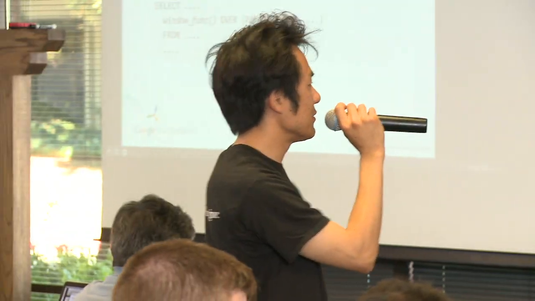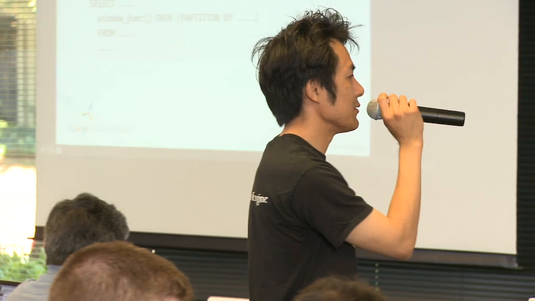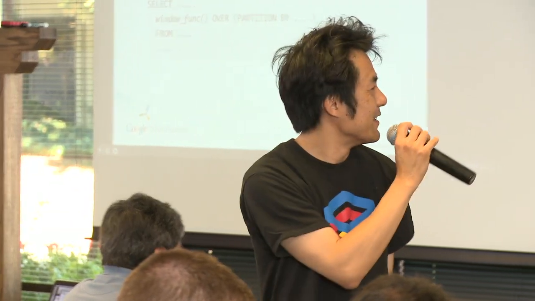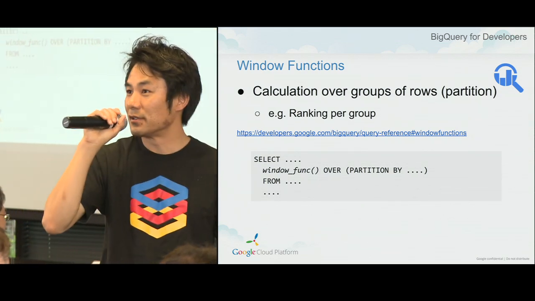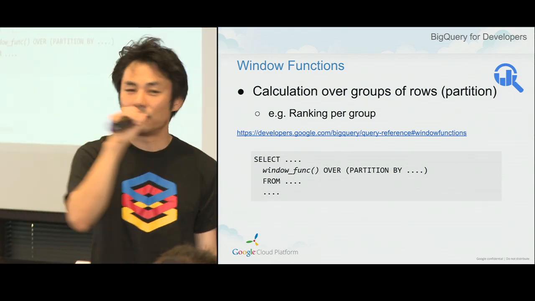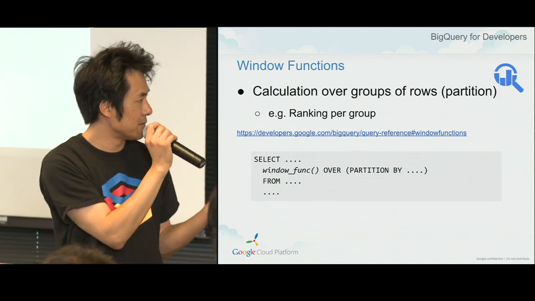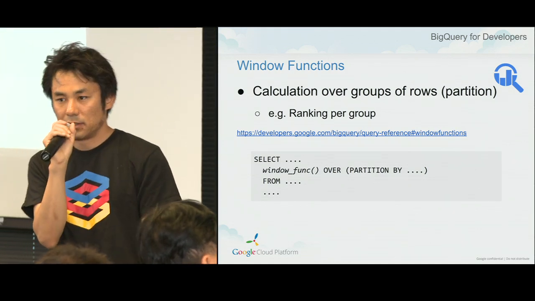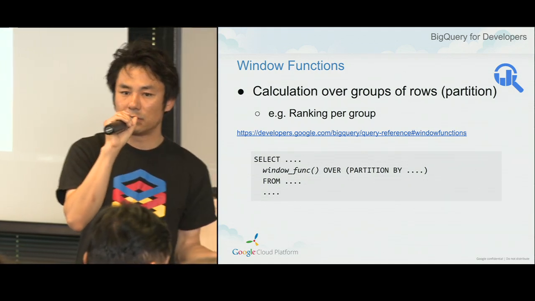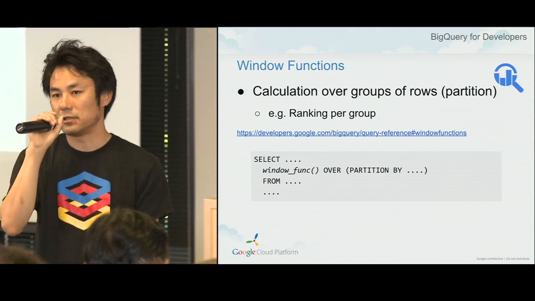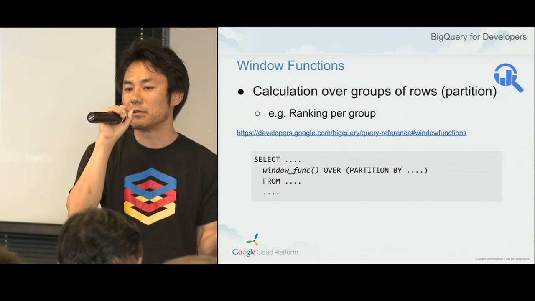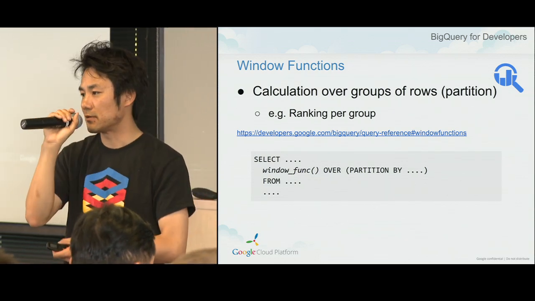Window functions. This is also a little complicated one. They calculate over groups of rows, for example, the ranking per group. Suppose we have a table about the scores of a common test among high schools.